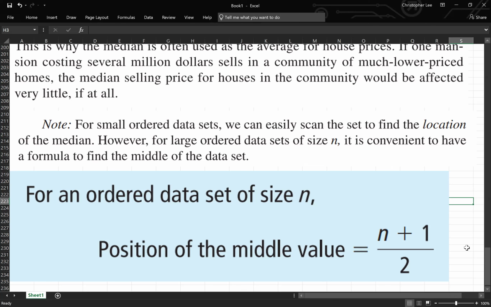Take the whole data set plus one and divide it by two. So I'm not taking the actual data values, I'm taking the counts of them, like how many there are. In my scenario, I have 55 numbers.